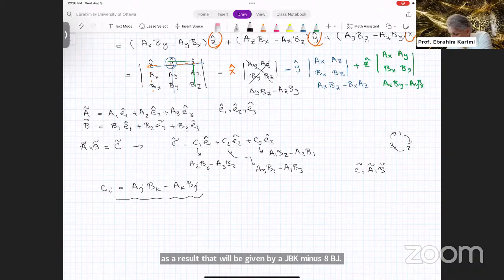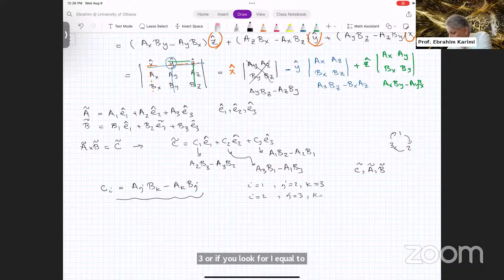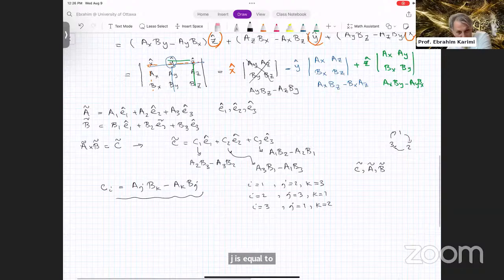Now you have to substitute I equal to 1, then J is equal to 2, and K is equal to 3. Or if you look for I equal to 2, then J is equal to 3, and K is equal to 1. And when you look for I equal to 3, then J is equal to 1, and K is equal to 2. So they should form a right angle.